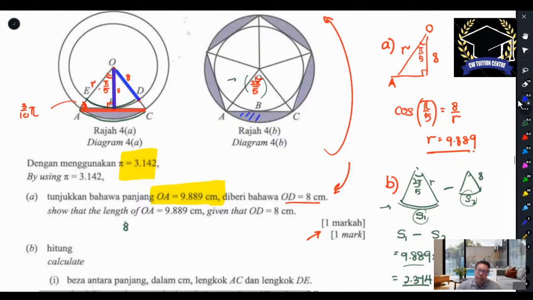This one times 5, which is this one times 5.